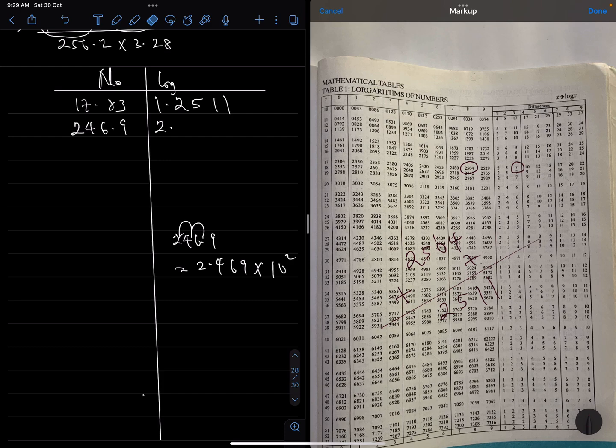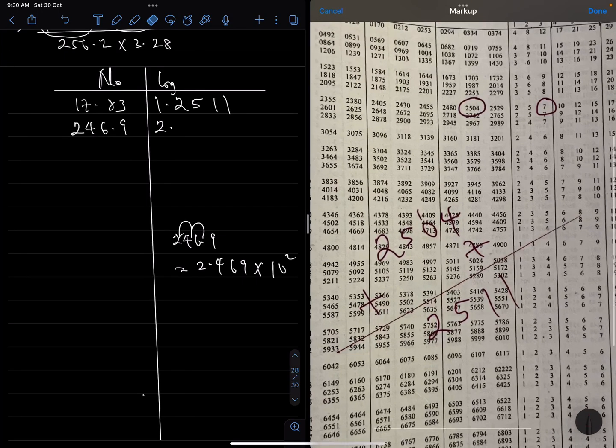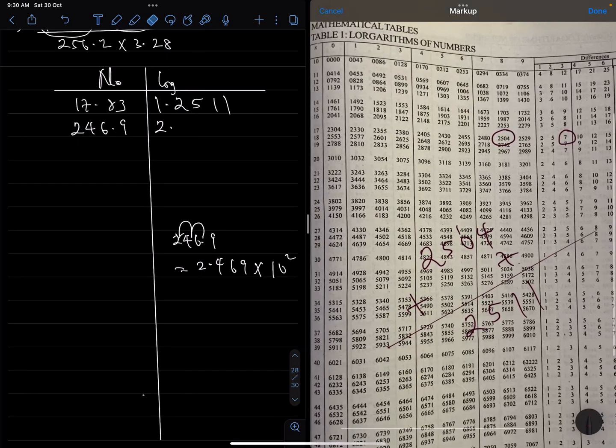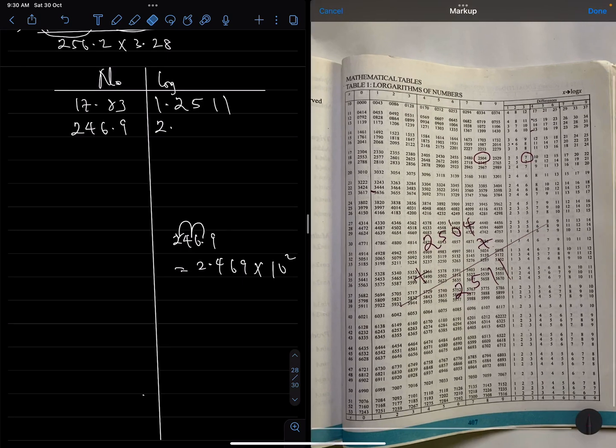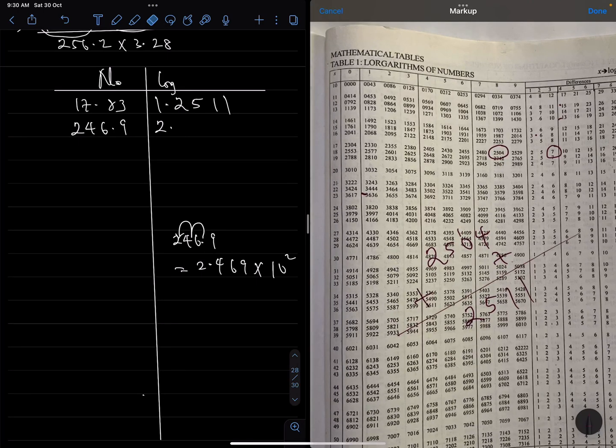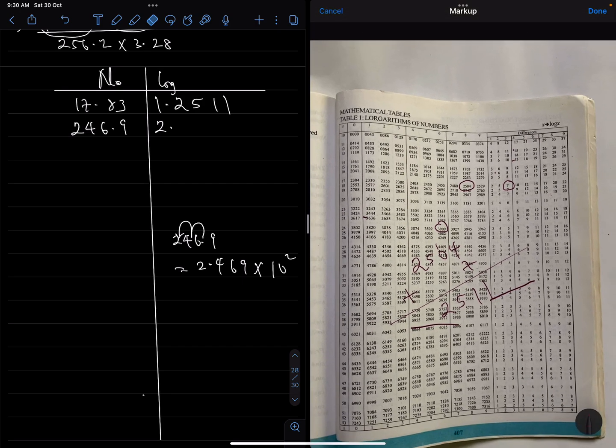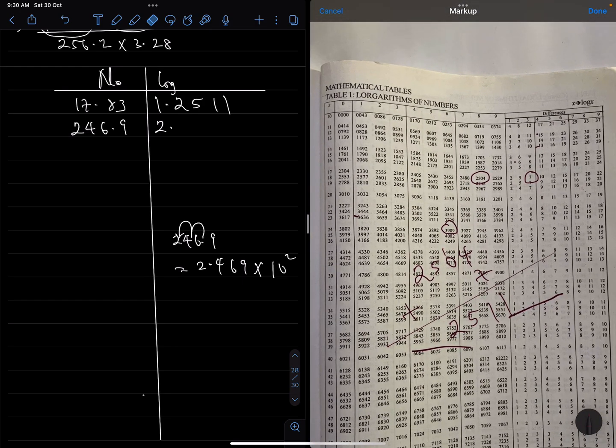Difference 9 is 16. So what do you do? 3909 plus 16: 15, carry 1. 1 plus 0, 1 plus 1, 2, 9, 3. That's 3925.